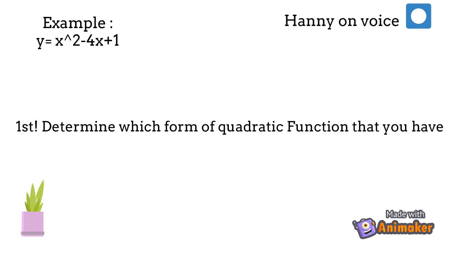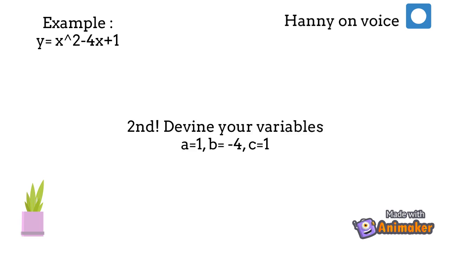In this example, I have the standard form, as you can see. The second step is to define your variables. We can see that a of the function is 1, b equals -4, and c equals 1.